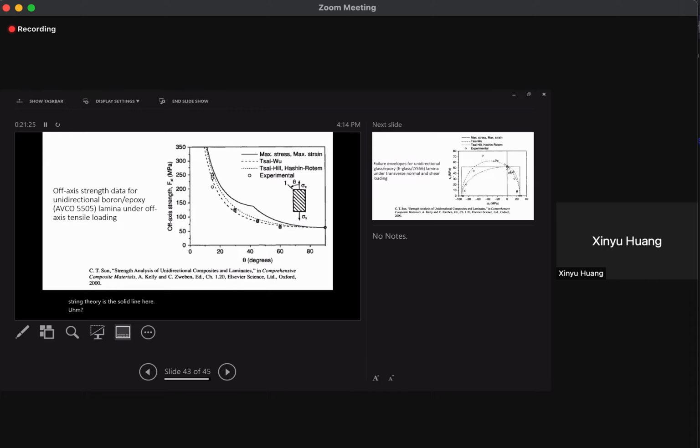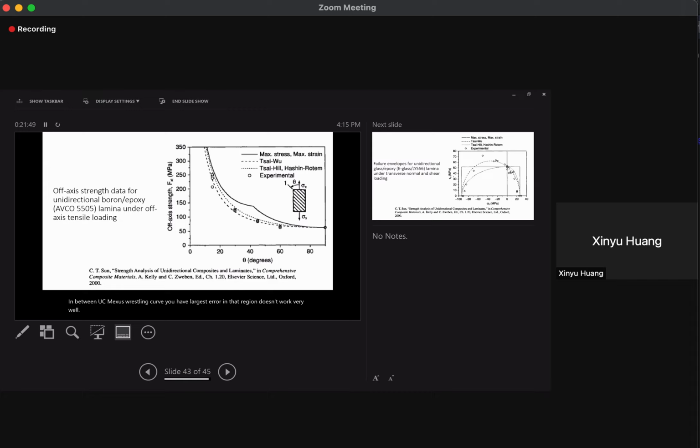There's quite a difference, especially when you have a jump of failure mode. This is the region where you have failure mode switching, from fiber control in this direction to matrix control in this direction. In between, you see the maximum stress strain curve has the largest error. In that region, it doesn't work very well.